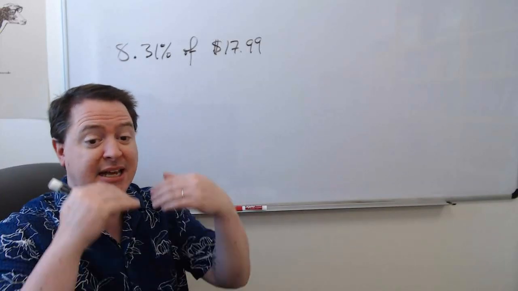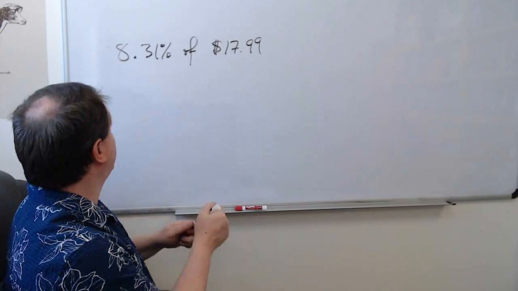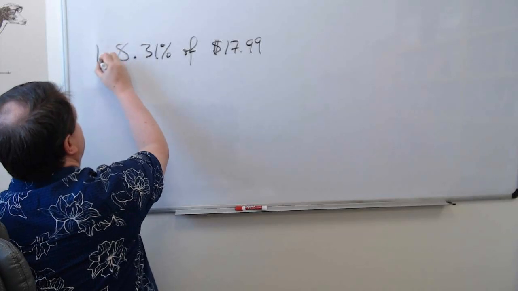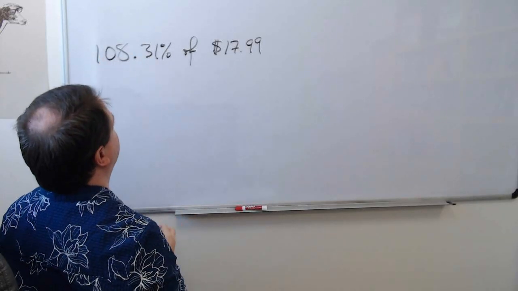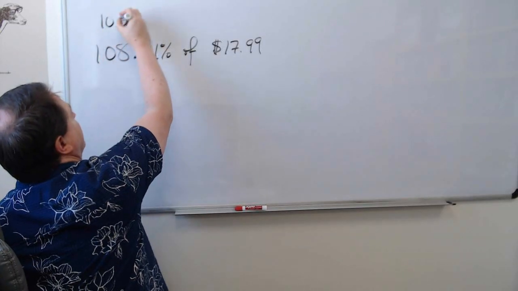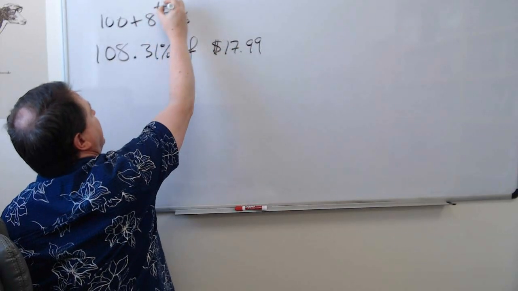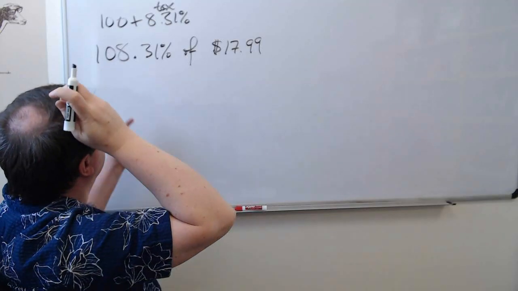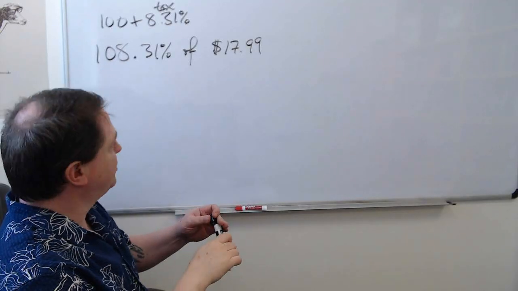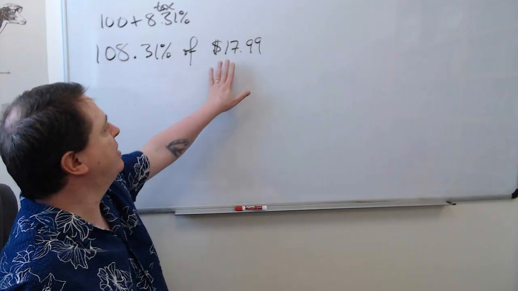It's not like a discount. It's getting added on. So what I'm really looking for then is 108.31%. So I just added on 100, right, plus the 8.31% tax.